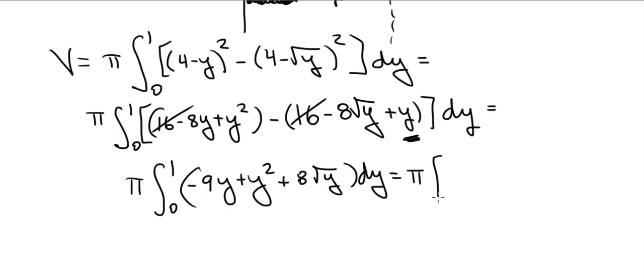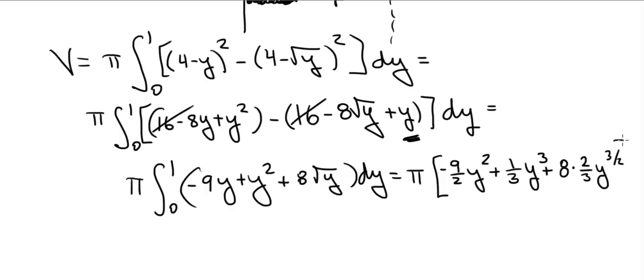We have pi times the integral: minus 9y is minus 9/2 y squared, plus 1/3 y cubed, and then the integral of square root of y, so this will be plus 8 times 2/3 y to the 3/2, evaluated between 0 and 1. So plugging in 0 will give us 0, of course. Let's plug in 1.